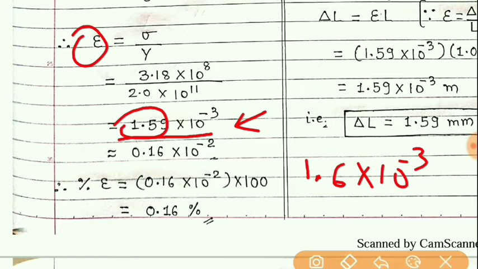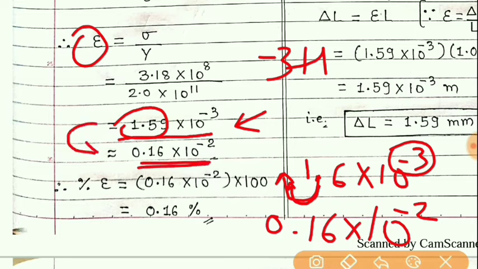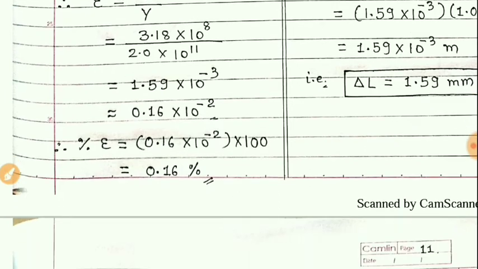But still, if we shift this decimal place, that means if we write 0.16, then as we have decreased here, here 1 power is increased. Increased means already minus 3 was there, plus 1 is added. So 10 raised to minus 2. So we can write this nearly equal to 0.16 into 10 raised to minus 2. So this is the strain.